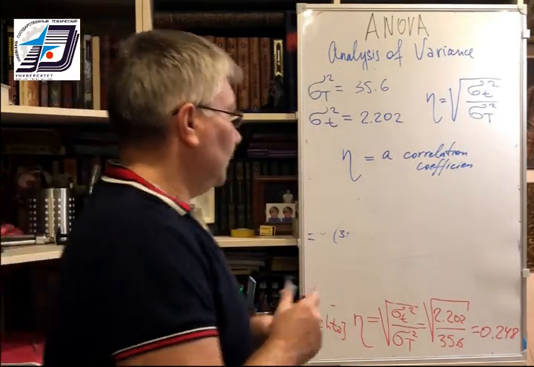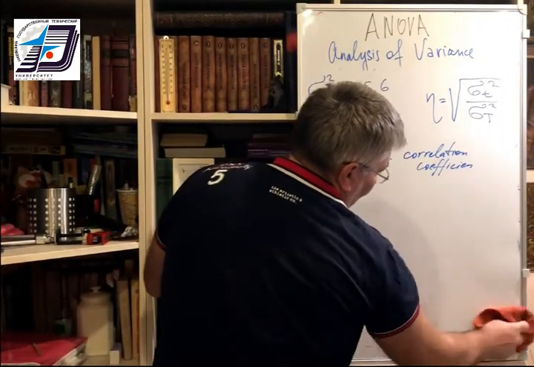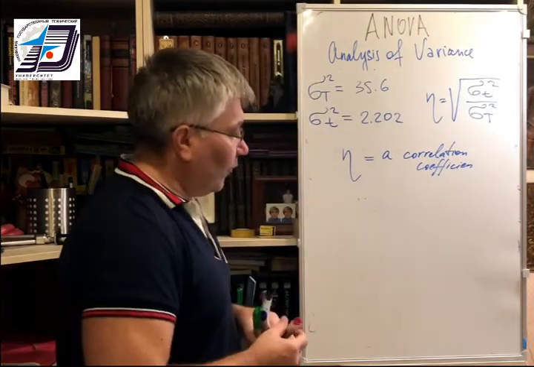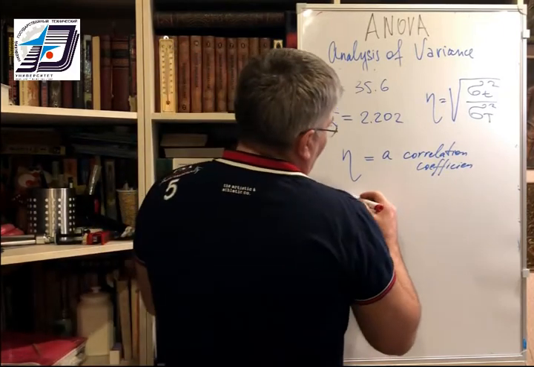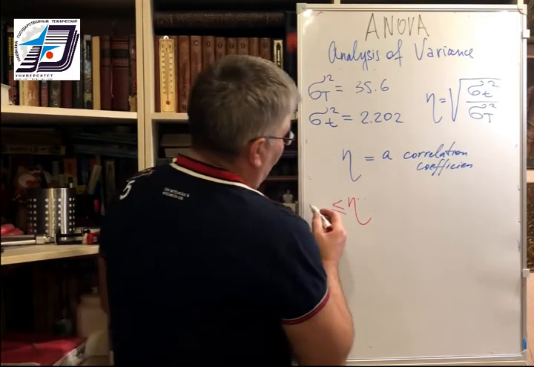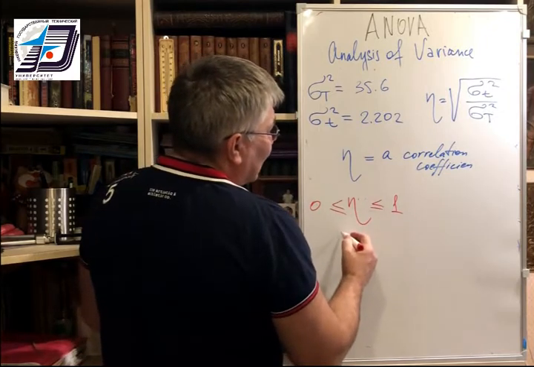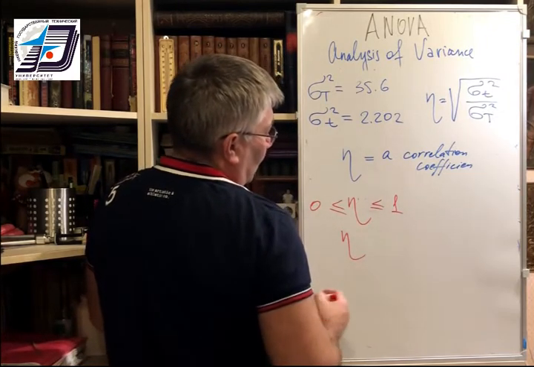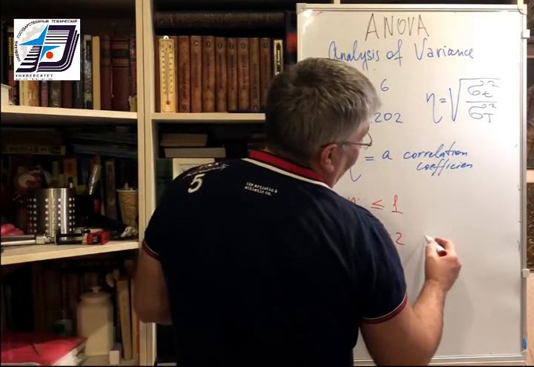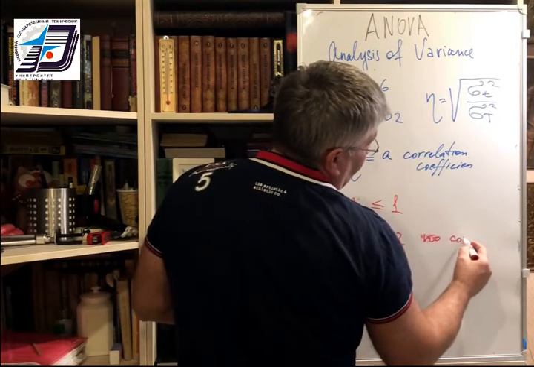And to give an interpretation, we can say that, as for any correlation coefficient, eta belongs to the interval from 0 to 1, and usually we say that if eta is less than 0.2, we have no correlation.